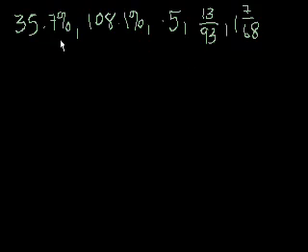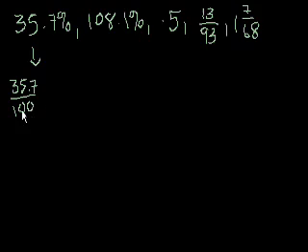So let's start with this 35.7%. Let's turn this into a decimal. Well, the easiest thing to remember is if you have a percent, you just get rid of the percent sign and put it over 100. So 35.7% is the same thing as 35.7 over 100. Like 5%, that's the same thing as 5 over 100. Or 50% is just the same thing as 50 over 100.